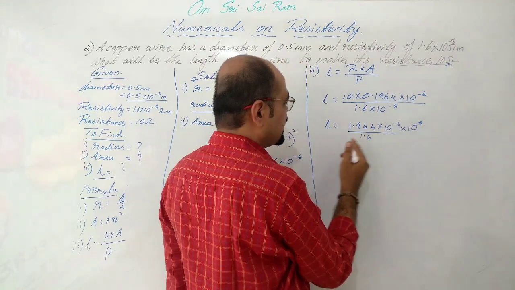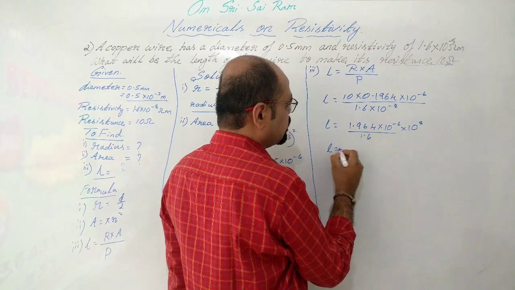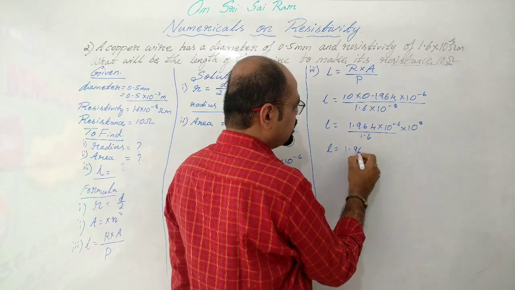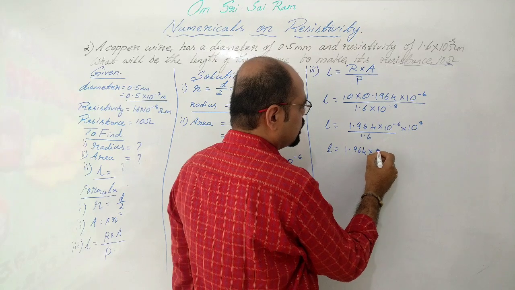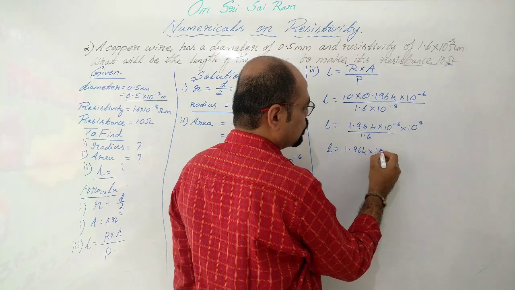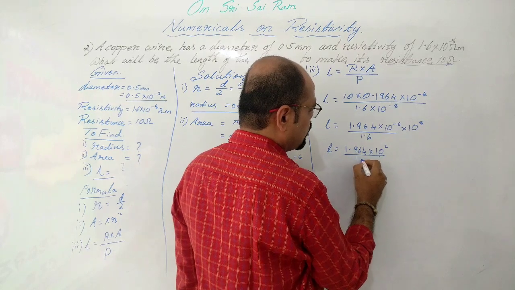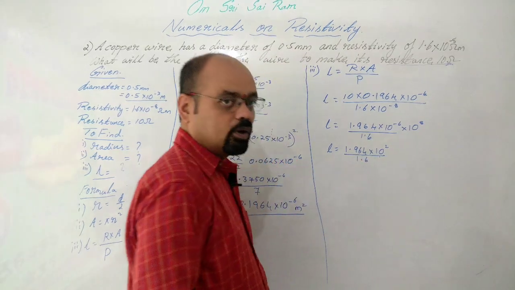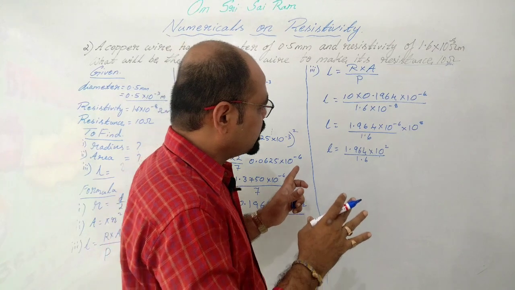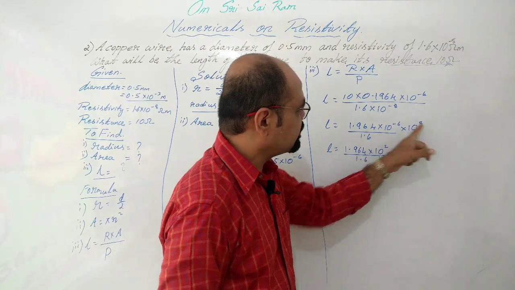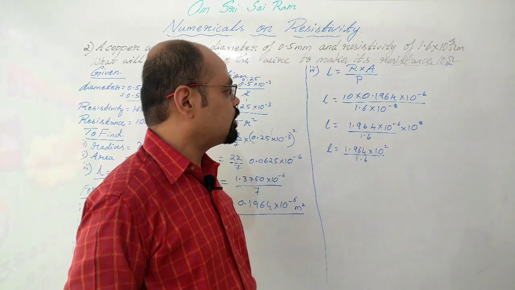So L is equal to 1.964 into 10 to the power of 2, divided by 1.6. Minus 6 plus 8 gives power of 2.